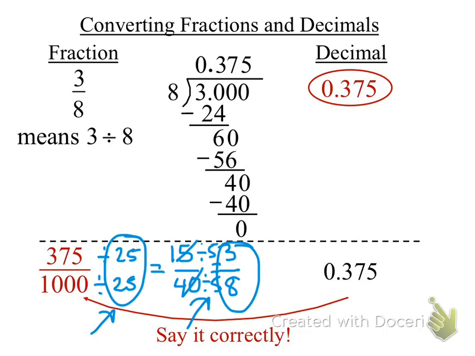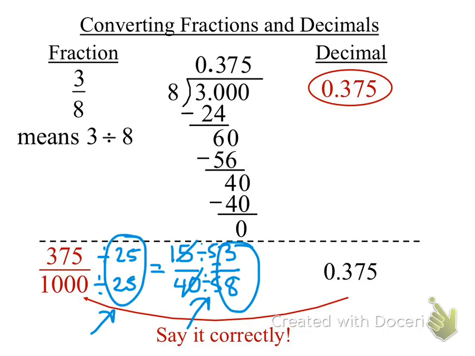What do you have to do? Nobody remembers? You have to divide the dividend by the divisor. How do I know which is which? The numerator by the denominator. Yes. That's how we get the decimal.